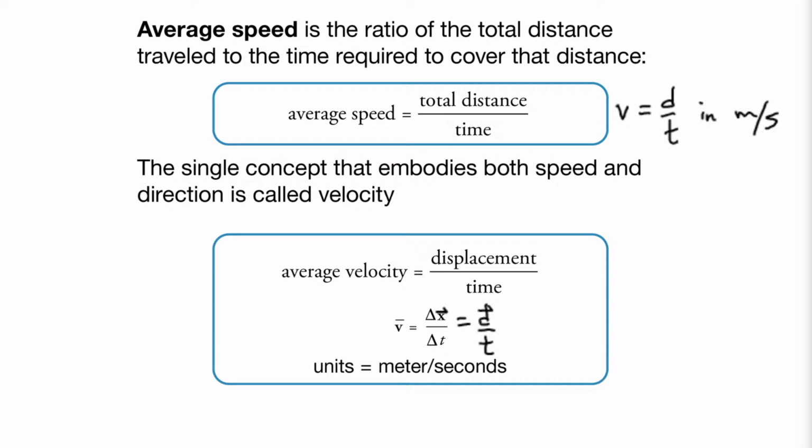But if instead of looking at an average over a larger time frame, we were curious about an instantaneous or moment-to-moment velocity, here's what we could claim, and I'll type this in for us. The instantaneous velocity is the object's speed with the direction at that moment.